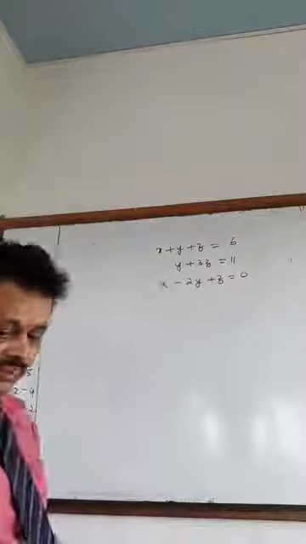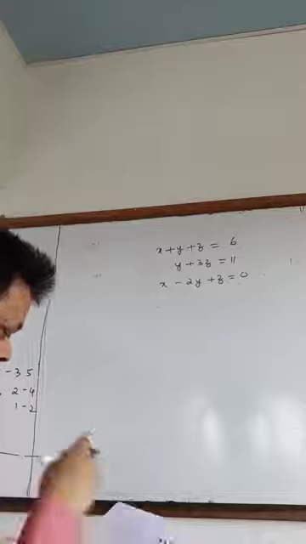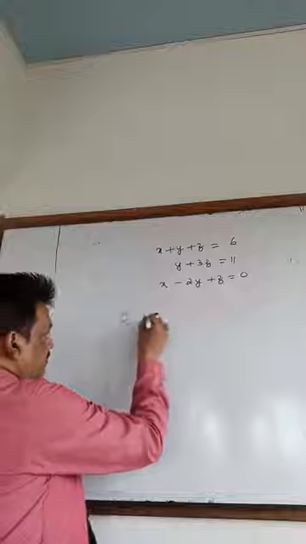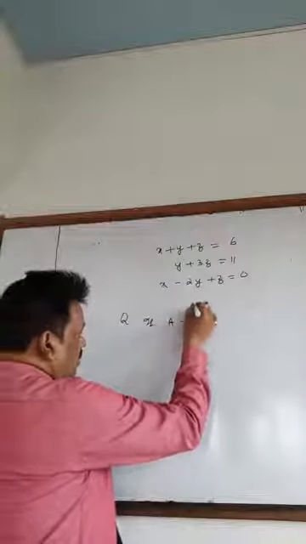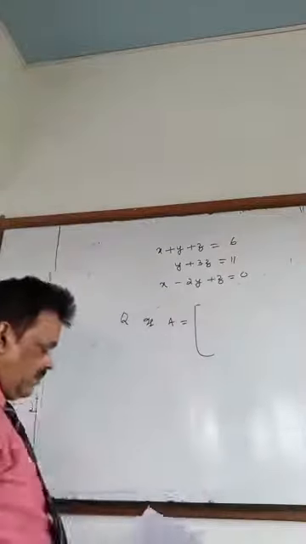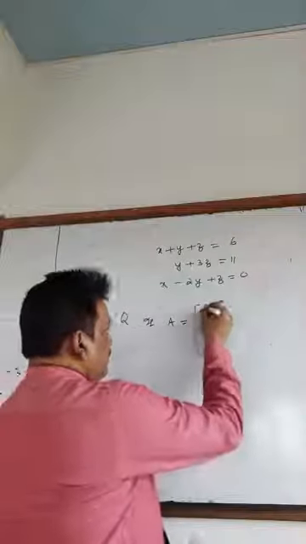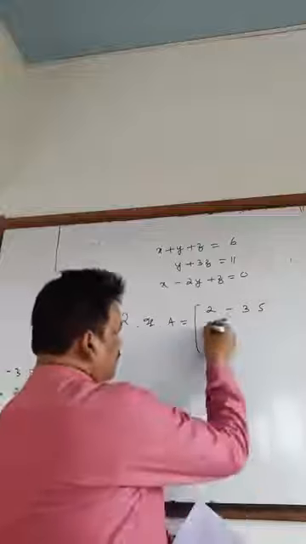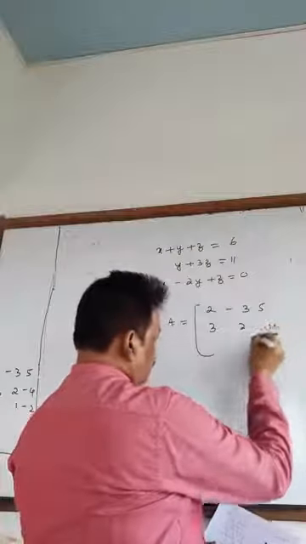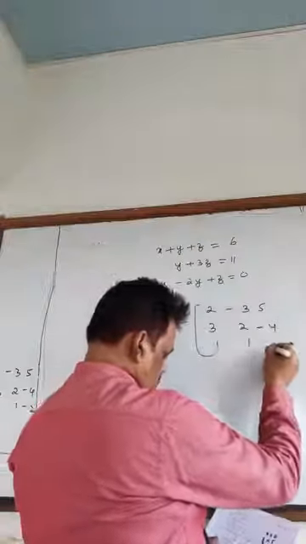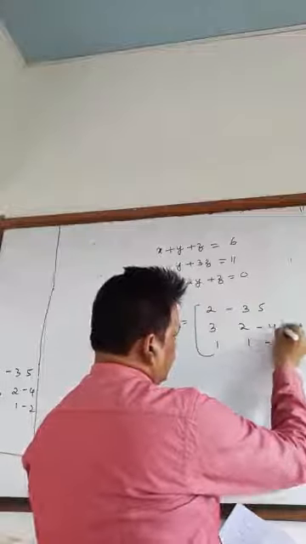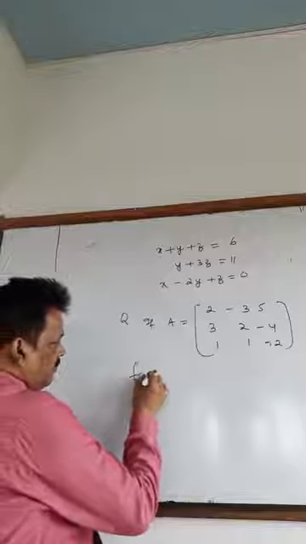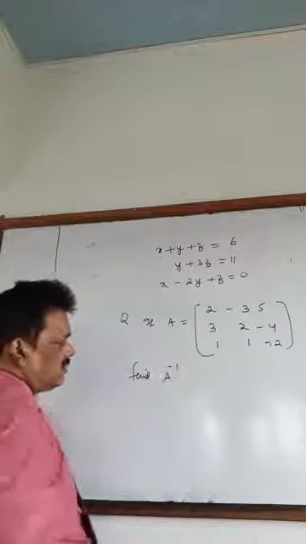So another one is, suppose you are given a question, if A equals the matrix 2 minus 3 5, 3 2 minus 4, 1 1 minus 2. This is our question. Find A inverse.